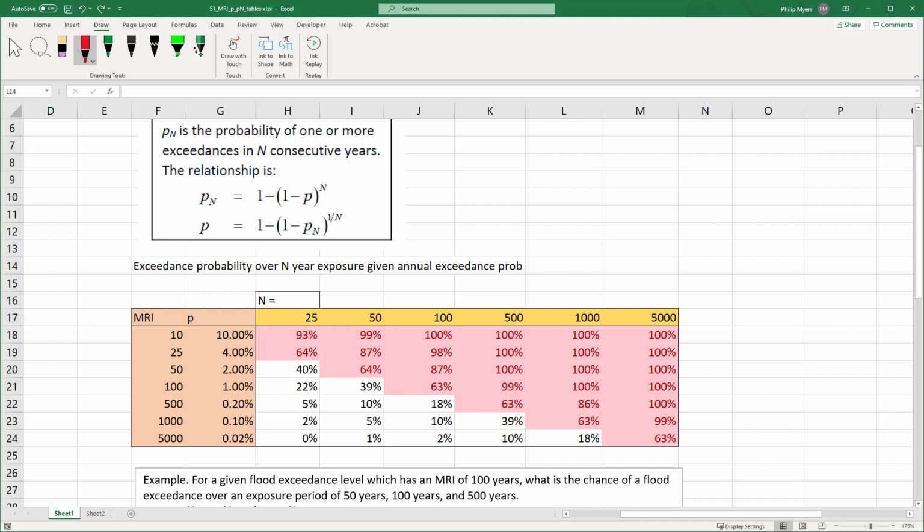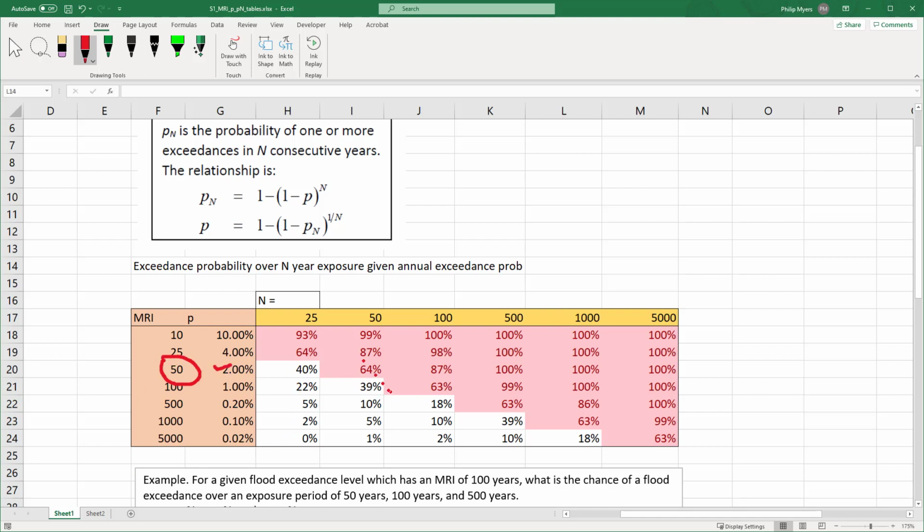If we are concerned about a known flood exceedance and we are interested in the probability that this flood will be exceeded at a particular site, then we can find out the probability of exceedance for any period of time of length n. For example, for an MRI of 50 years, that's a 2% annual probability of occurrence.